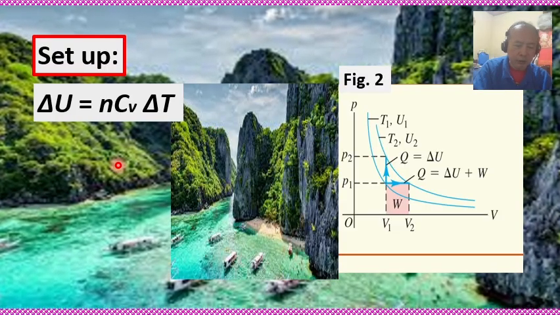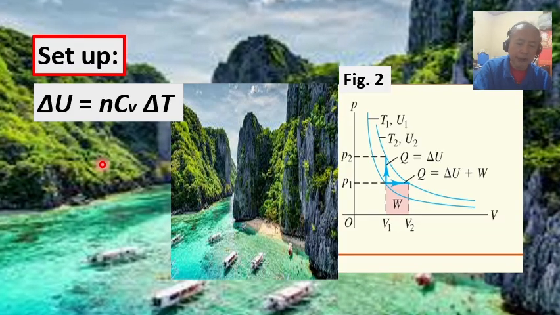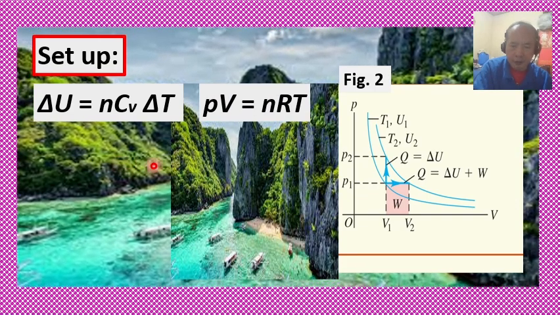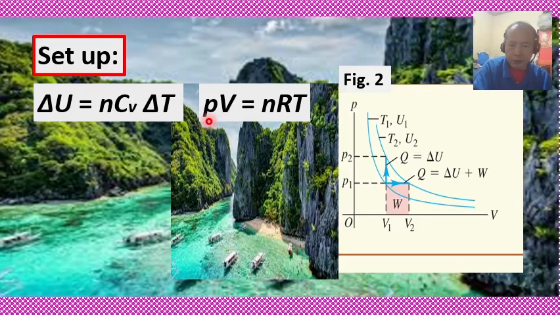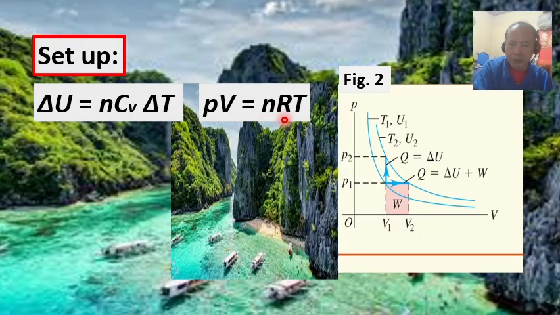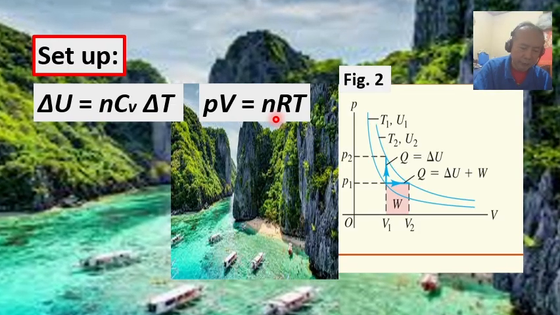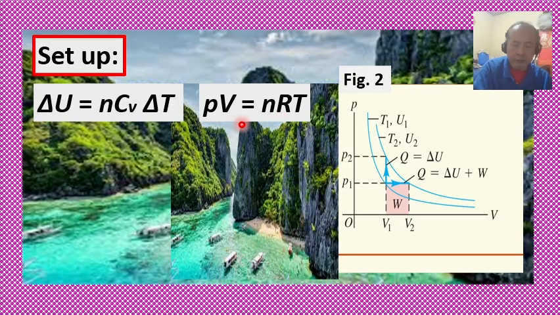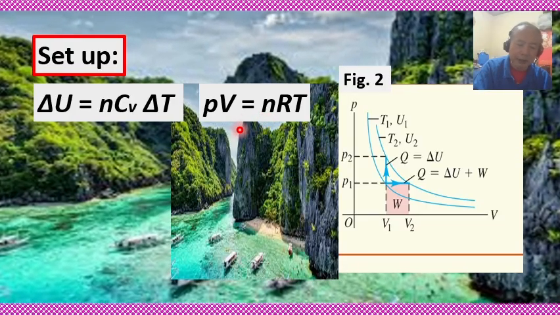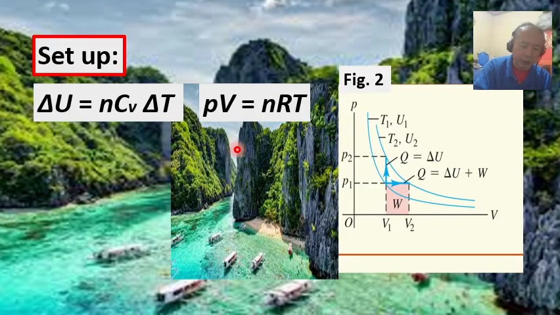So we have to include another equation, the ideal gas equation of state: the pressure P times the volume V equals small n times big R and the temperature T. And together with the definition of the heat capacity at constant volume, they will be our basis for our derivation.